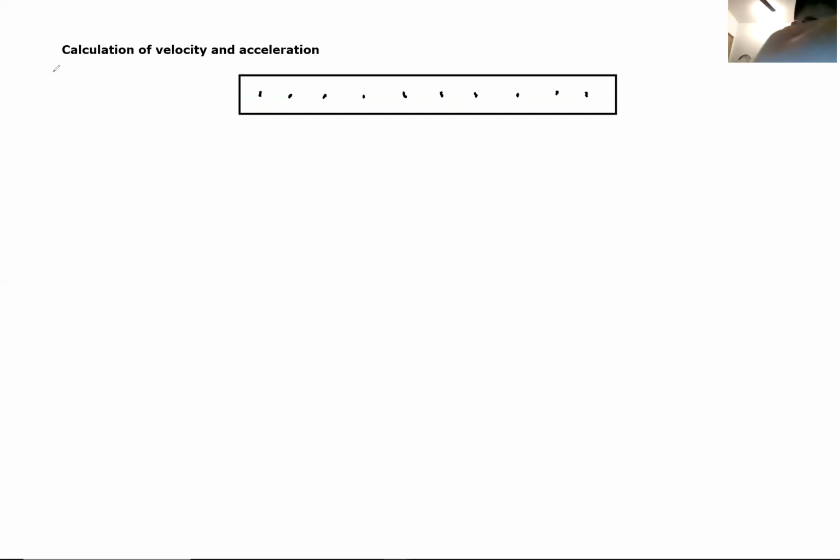Okay, so for this one is constant velocity. Straight away you look at it, you know, okay, this is moving at constant velocity because same distance. Okay, so let's label simply the direction of motion here.